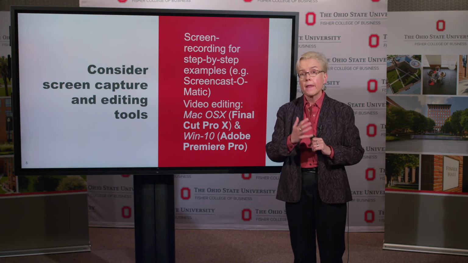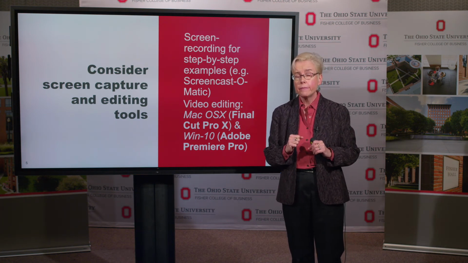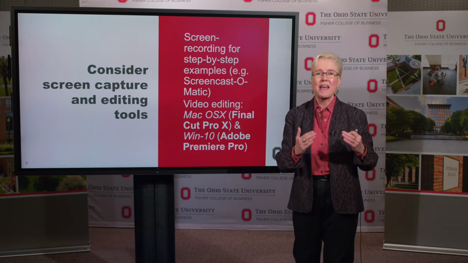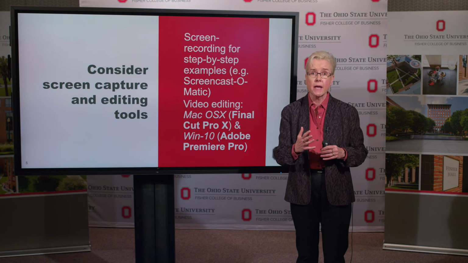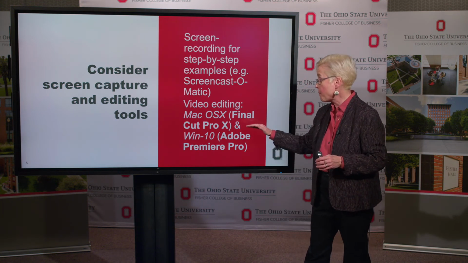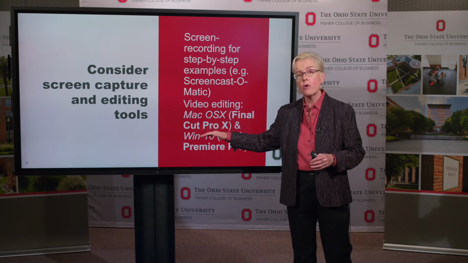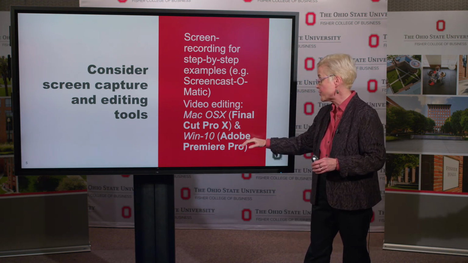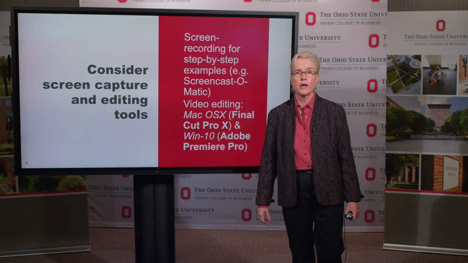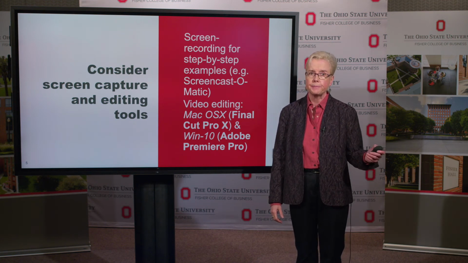Now, if you have a Mac platform, you can certainly use the built-in video editing capabilities that come with the Mac, or you can upgrade using Final Cut Pro, which is what I use. If you're on a Windows platform, I would certainly recommend Premiere Pro as one of the better solutions out there.